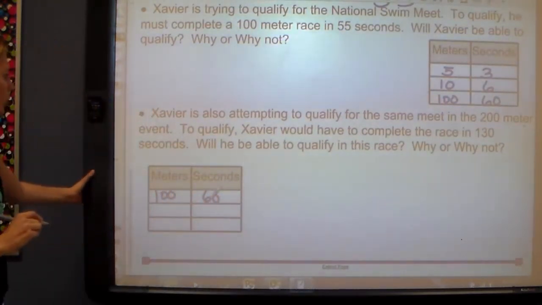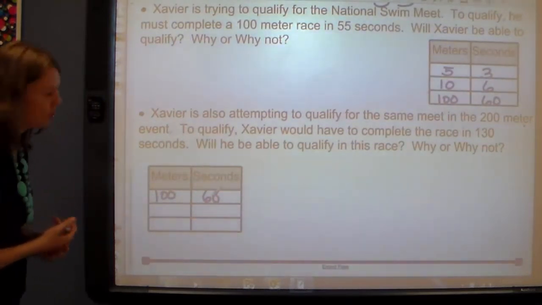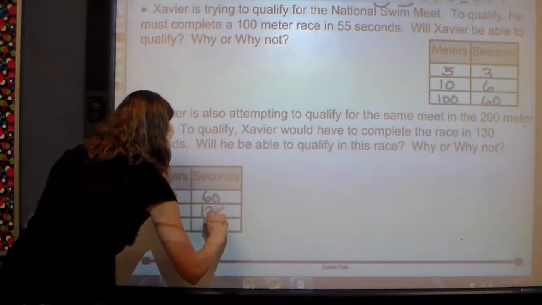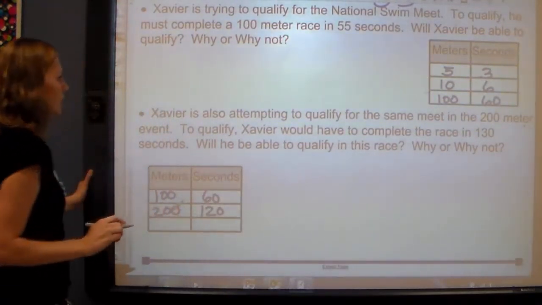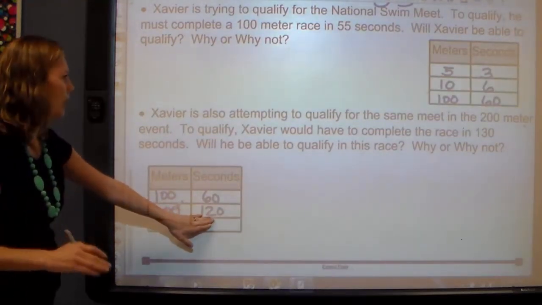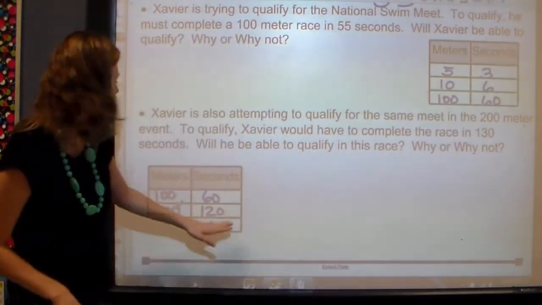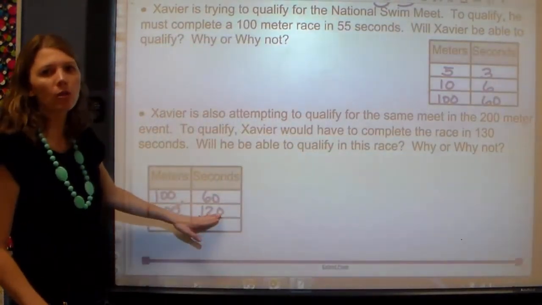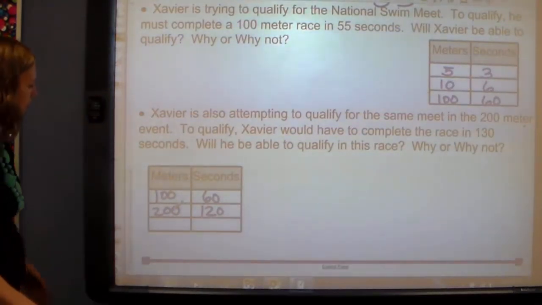And if I need to do 130 seconds, I could do 120 seconds, multiplied by 2, so this is 200. And so I can see in 200 meters, he can do that in 120 seconds, and he needs to be able to do it in 130. And so he's 10 seconds faster, so he would be able to qualify in that event.